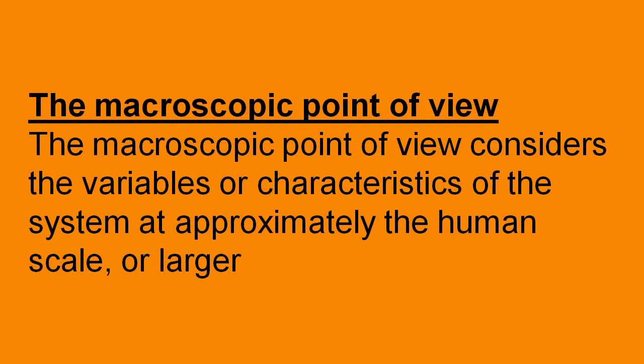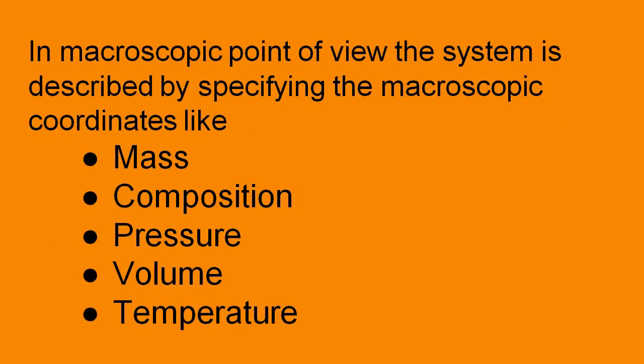That means we have the larger concept. And in the macroscopic point of view, the system can be described by specifying the macroscopic coordinates like mass, composition, pressure, volume, temperature, etc. So these are the macroscopic quantities.